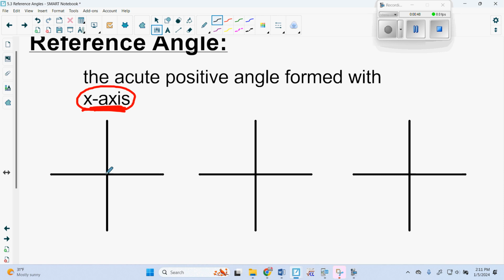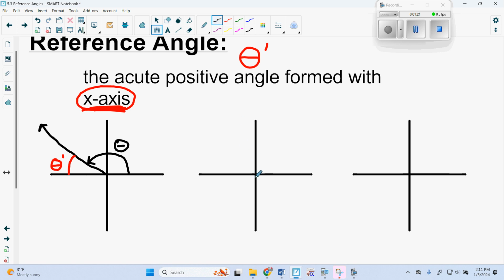So let's say we have an angle that is in the second quadrant, right? This is our angle, theta. Our reference angle, which I am going to call here in this diagram theta prime, is related to theta, but it's different. Our reference angle is going to be this acute, less than 90, remember acute means less than 90, angle with the x-axis.